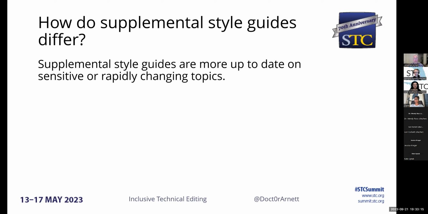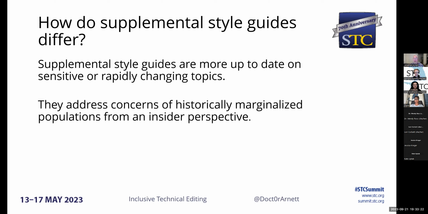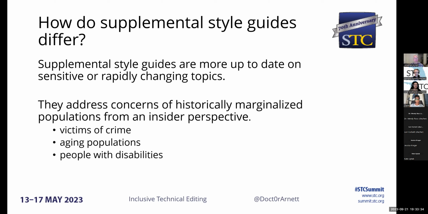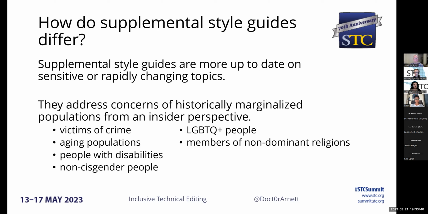So these alternative and supplemental style guides can be up to date on sensitive topics or things that change rapidly. In particular, they address the concerns of people who are marginalized historically. For example, victims of crime, older people, people who have disabilities, people who are not cisgender, LGBTQ populations, members of non-dominant religions, ethnic groups, indigenous persons.